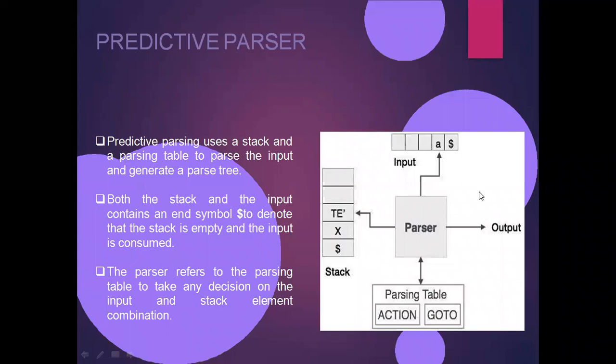This is nothing but the block structure of predictive parsing, the LL(1) parser. We can call it a non-recursive descent parser. In the next class, we'll see examples of how to write the procedures from the given grammar in recursive descent parsing.